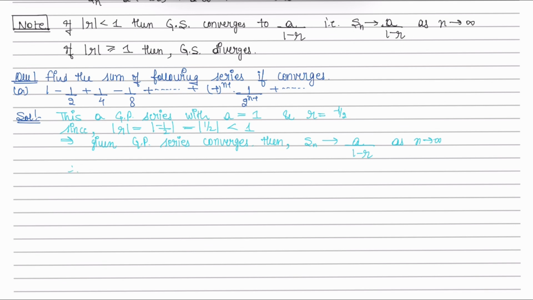Therefore, the sum of the series, summation an running from 1 to infinity, is equal to 1 upon 1 minus of minus half, which is 1 upon 3 by 2, which is 2 by 3.